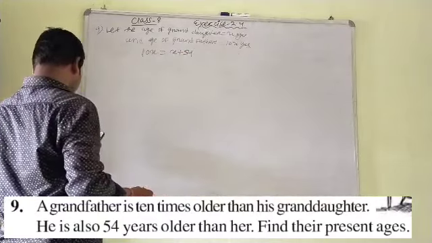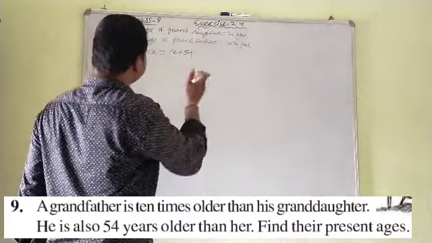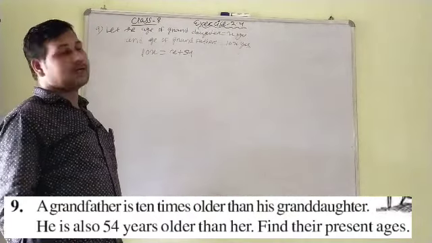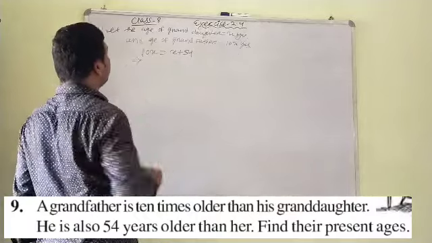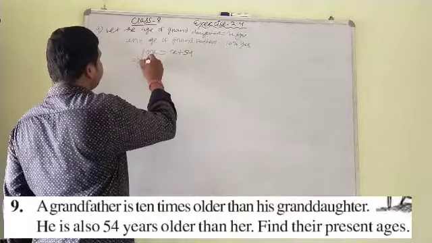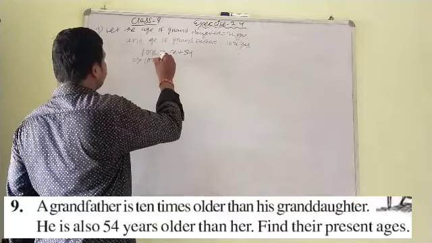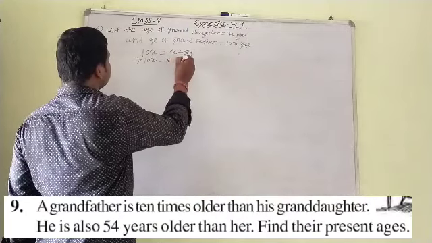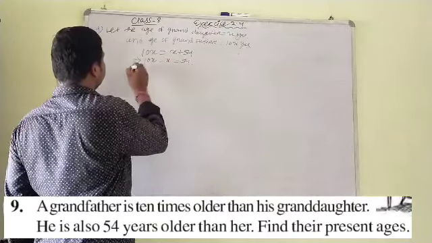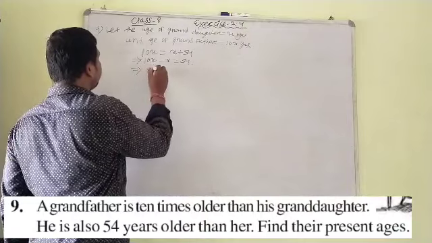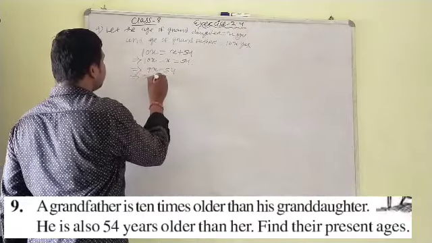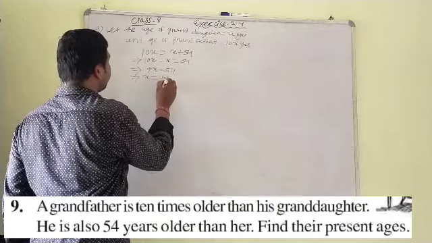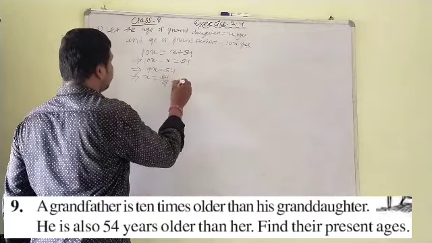Okay, so this is the relation. Now we'll solve. We'll transpose x to the left hand side. It will be 10x minus x, which is equal to 54. 9x equal to 54. Then x equal to 54 by 9, that is 6.